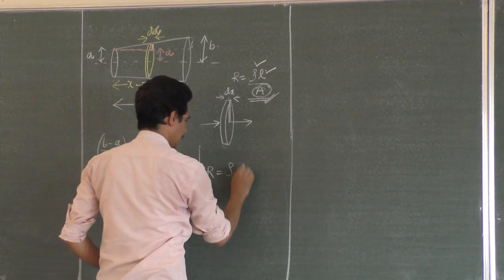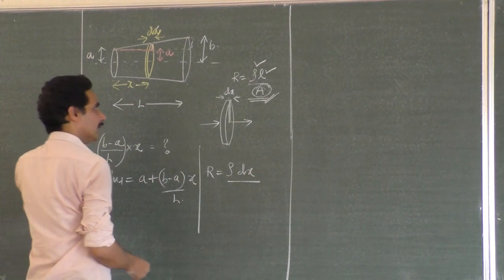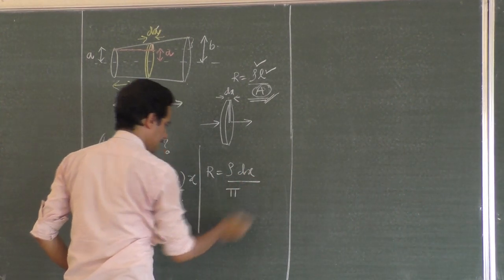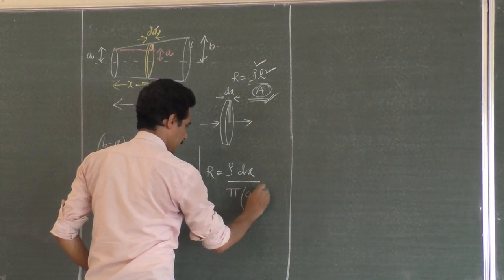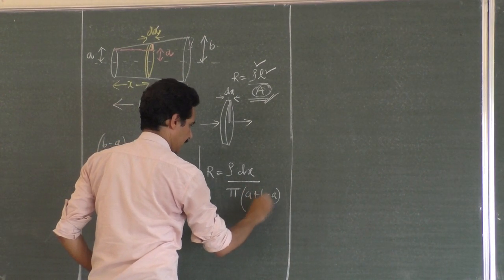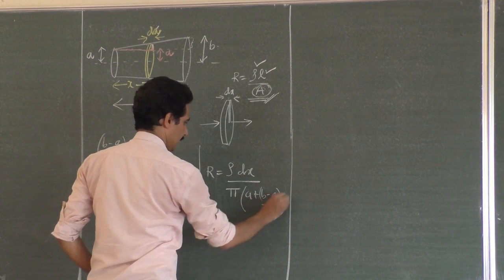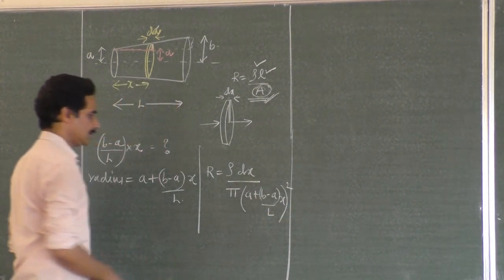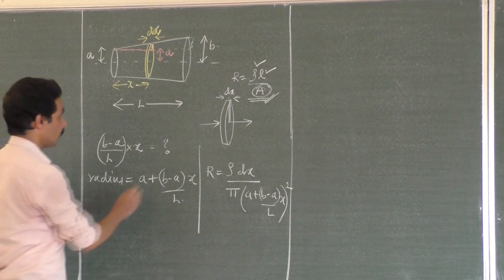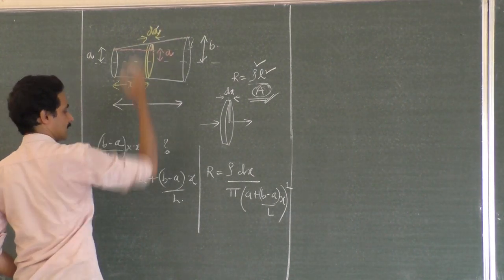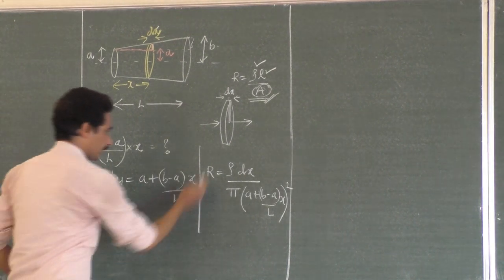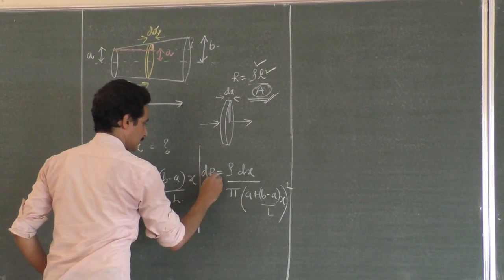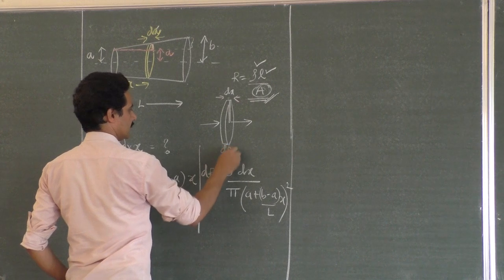Area is pi r square, where r is a plus (b minus a) by L into x, whole square. Radius is total a plus this extra increase. I have to write this as dR because it is the resistance of the small piece.